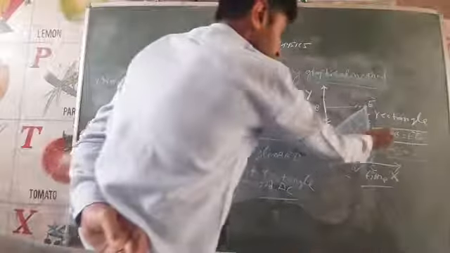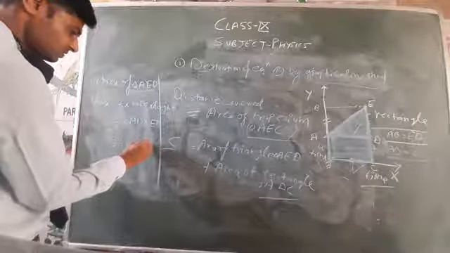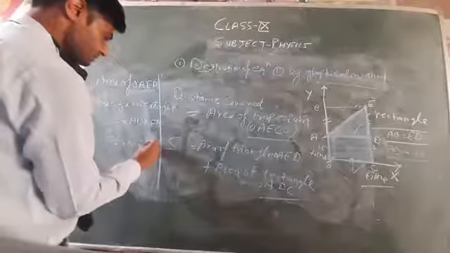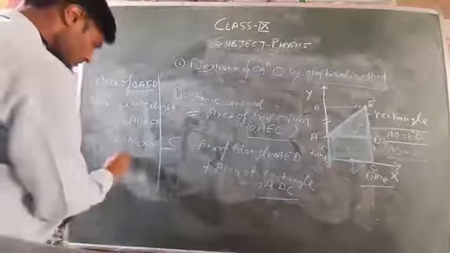And AD is equal to OC and ED is equal to AB. Clear?